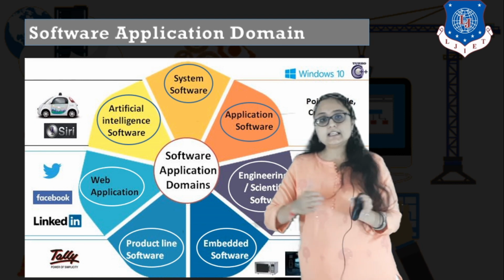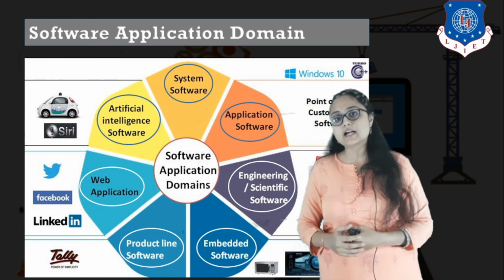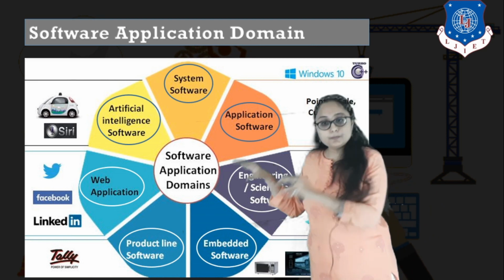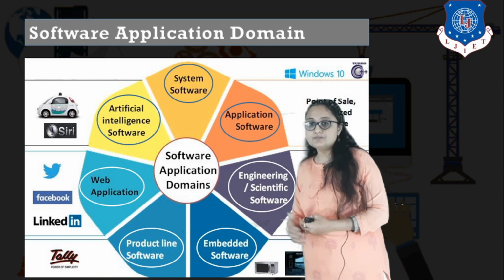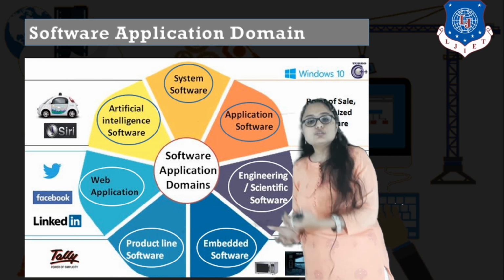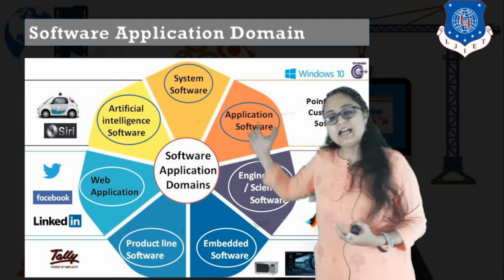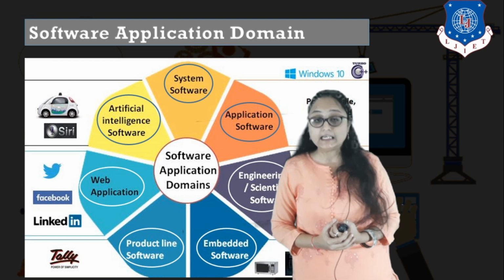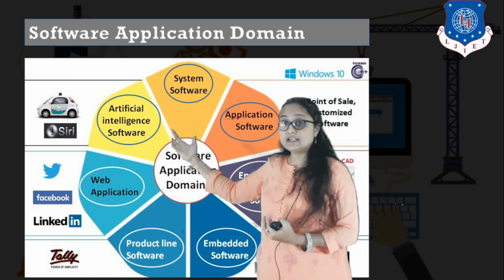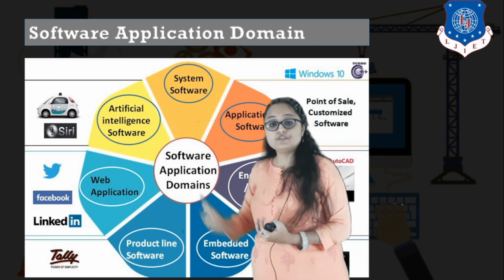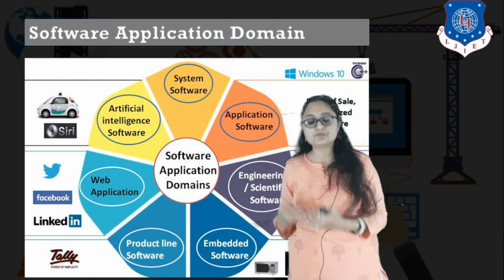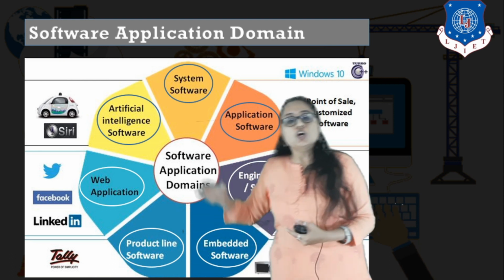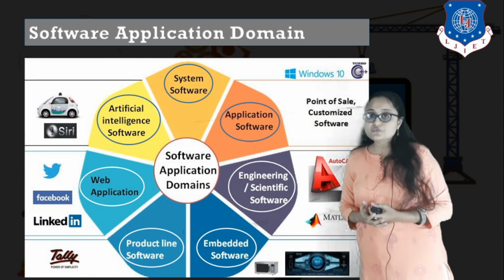So the mundane tasks of humans are incorporated in machine learning, and you are making the machine learn something, or you are training the machine so that it behaves as humans do. That field is known as artificial intelligence, and the AI software you are using currently includes Alexa, Siri, etc. Right. So these are all software application domains.